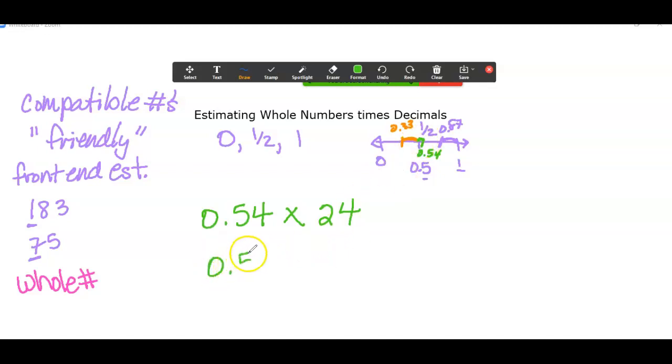So I'm going to make this a half. And because multiplying by a half is the same as dividing by 2, I'm going to keep this 24 because I know I can cut 24 into 2 groups. So half of 24 is 12. So my estimate here is 12.